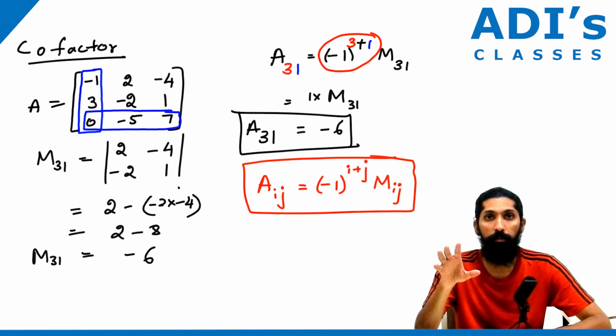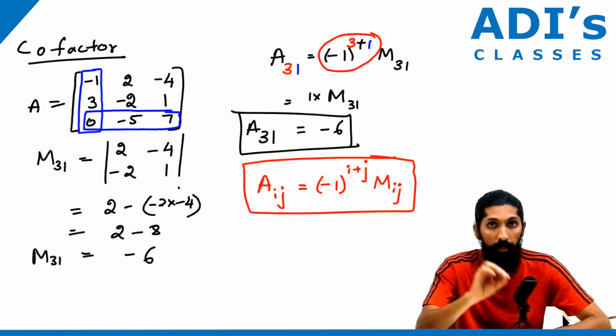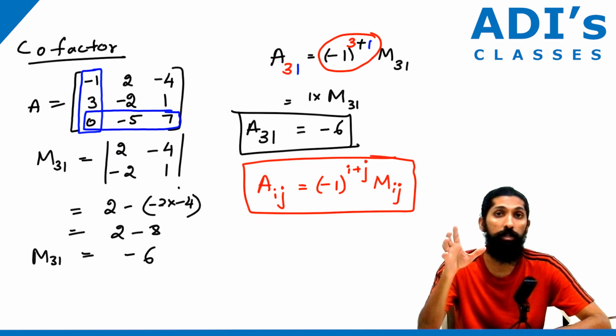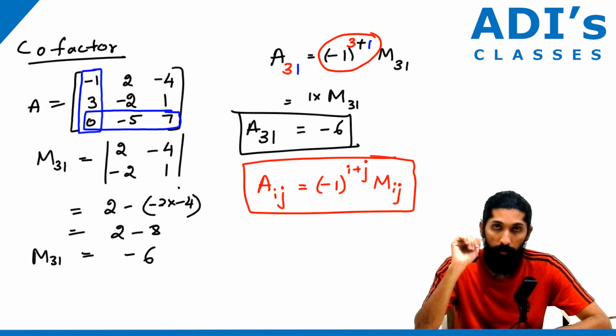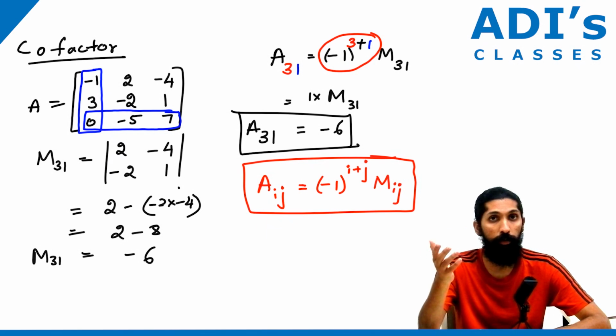It's going to be quite a direct question. But minor and cofactor are very important for the next part of the chapter, which is finding the adjoint and inverse of a matrix. So first, we'll solve a few problems based on minor and cofactor, whatever we have discussed, in the next video.